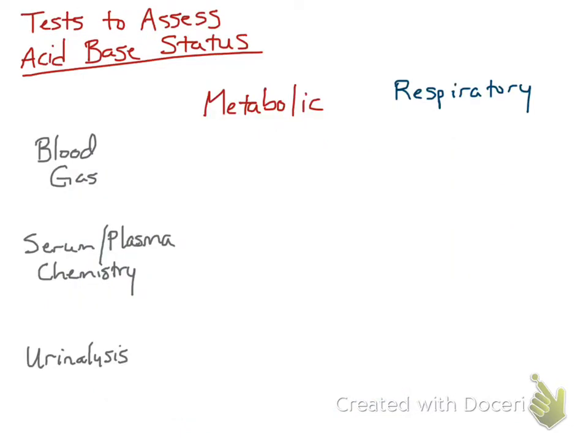This is a summary slide of what tests we actually use to assess the metabolic and respiratory components of an acid-base status. I have the three different panels that you can request from the ClinPath lab. First, if you're ordering a blood gas, to assess the metabolic component you're going to use the pH and the bicarbonate.